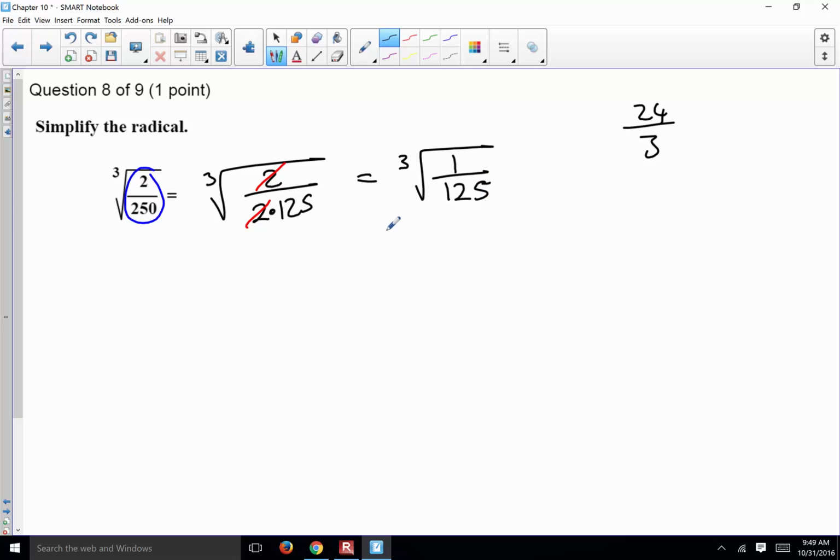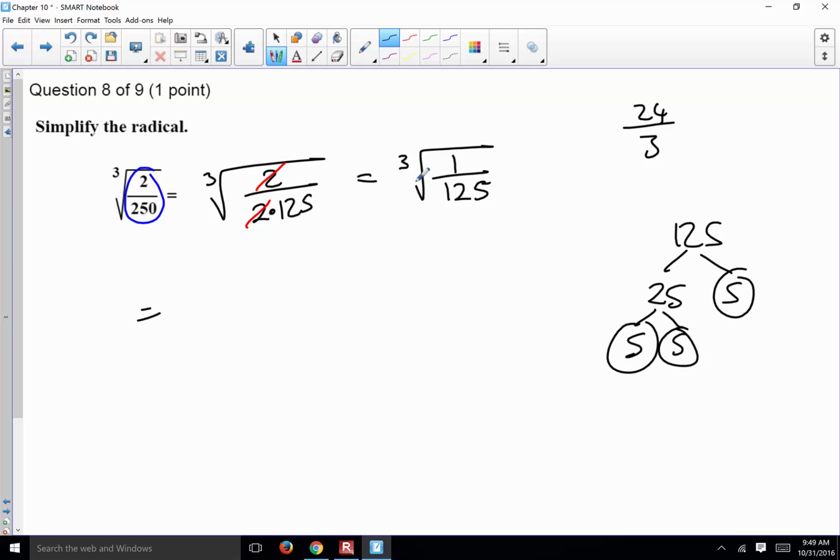Well, I still see a fraction inside. What can we do? Turn all these numbers into powers. I know 125 is 25 times 5, and 25 is another double 5. These 3 are locked.